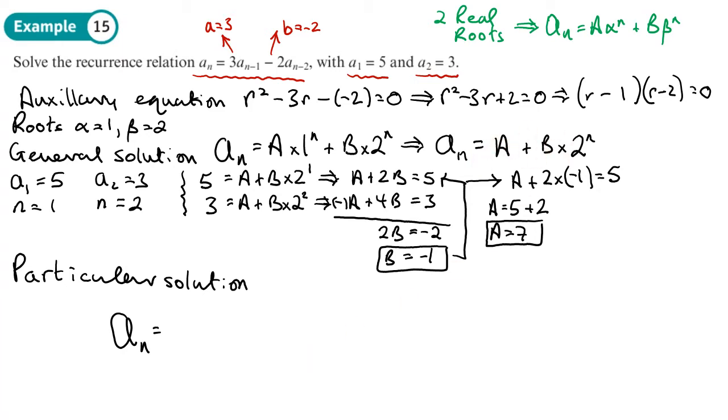It's just going to be 7 plus, well actually it's minus because we said b is -1. So -1 times 2 to the power n. So we could just write that as an equals 7 minus 2 to the power n. And we'll just highlight that.